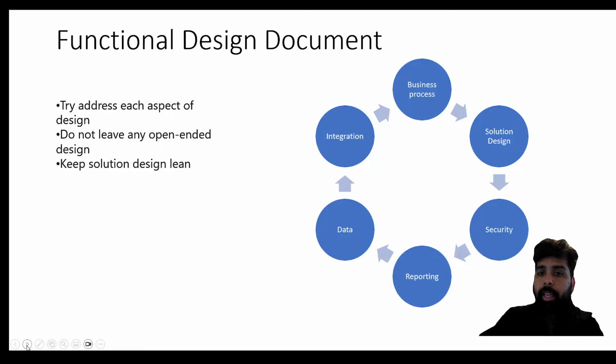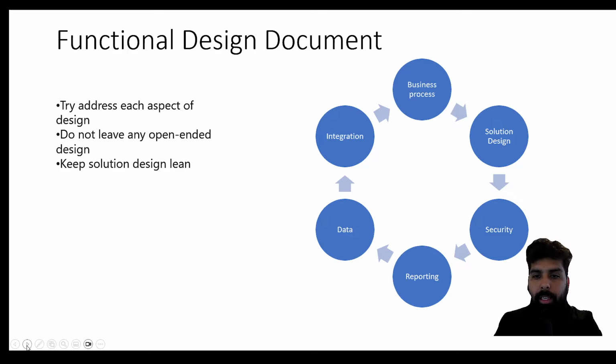So one of the things is that in your functional design document, when you write anything, you should be talking about the business process which is getting impacted and where you have identified the gap. So you should write that business process and highlight where that gap exists and why that gap exists.